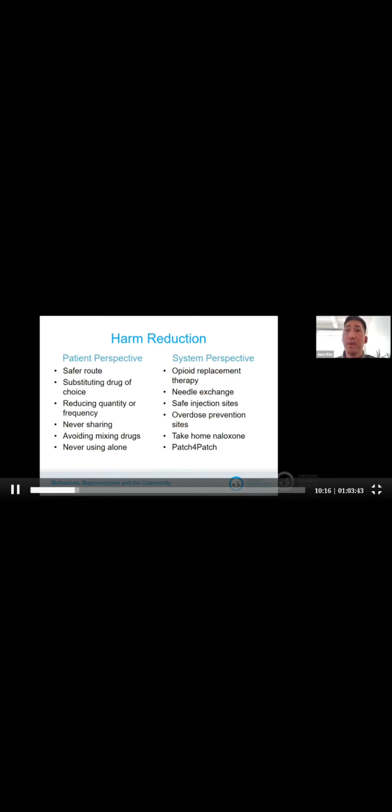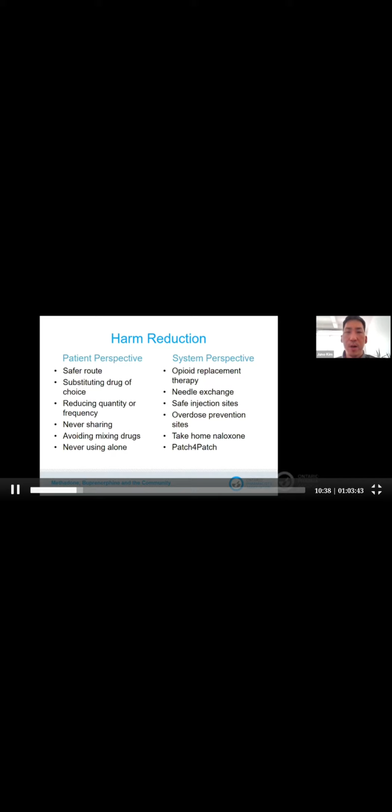Another option, if there's nobody available for them to use at the same time, is that they can sometimes message a friend and let them know that they're going to be using. And so the friend can maybe call them in a few minutes just to follow up and make sure that they're okay.